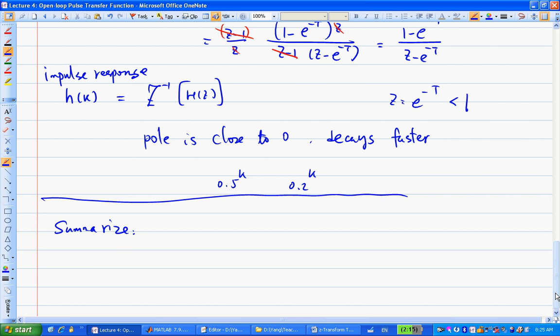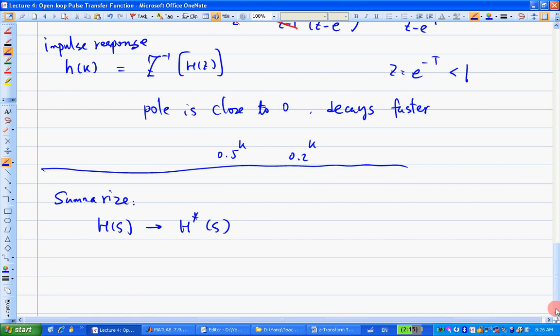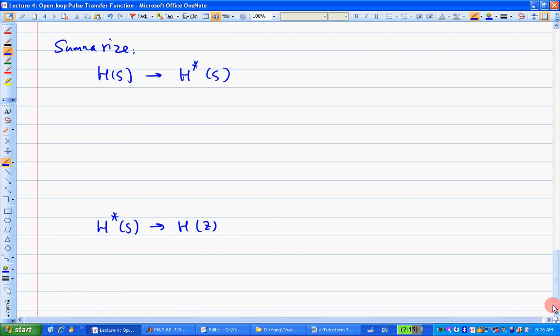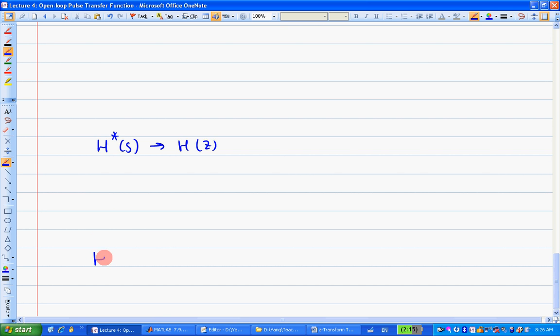So to summarize, here is the concept I want you to establish. The whole idea is you have the S block, H of S, which gives us H star of S, and then H star of S gives us H of Z. Another shortcut is to go from H of S to H of Z directly. However, you have to be careful when you do this.